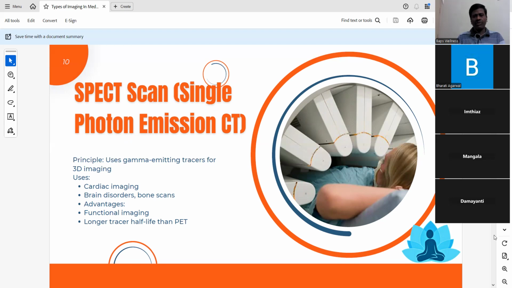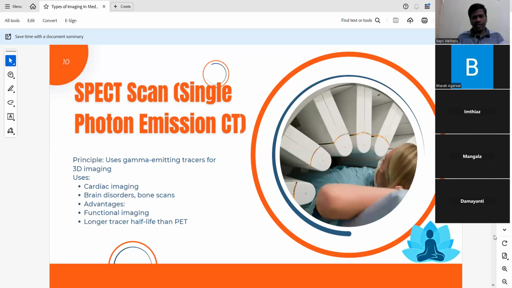So this is commonly used in cardiology for the study of myocardial perfusion imaging, heart muscles. And then bone scans in the case of cancers to understand the level of spread of cancer, that is metastasis. And also in brain imaging to study stroke and also epilepsy.